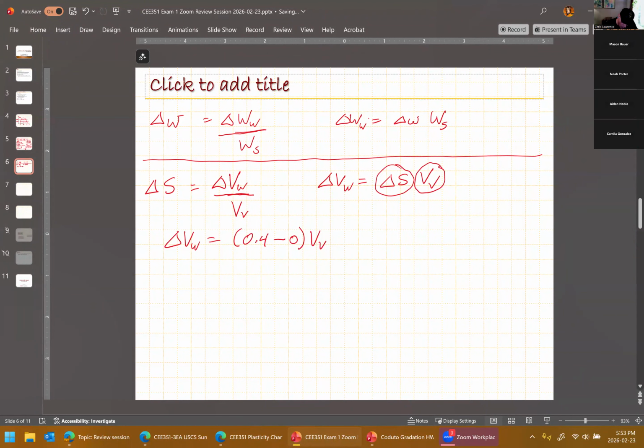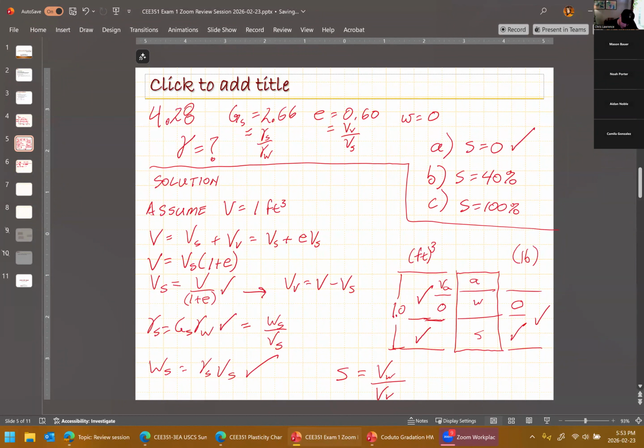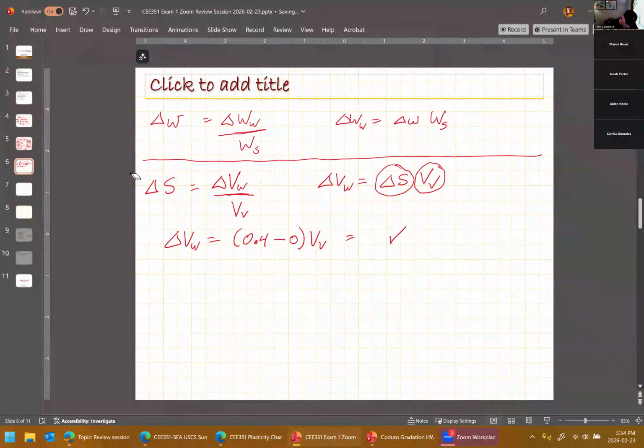That tells me how much water is needed to make it 40% saturated. So I can get that number and go back to my phase diagram. For case A, it was 0. But for case B, it is some other value for the volume of water. And from that, with the density of water, I can get the weight of water.